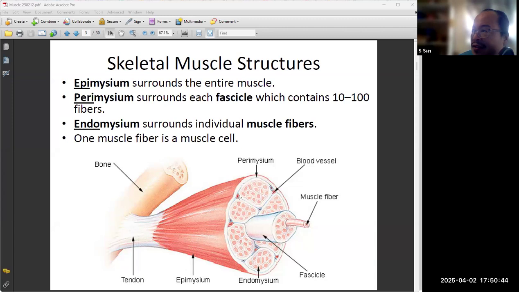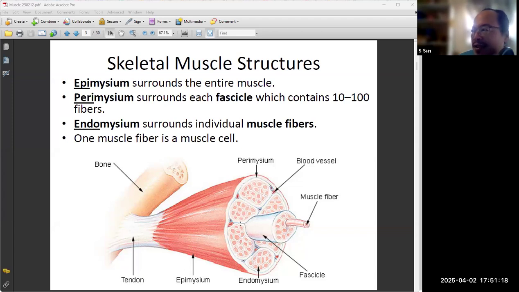Between the fascicles, you have the blood vessels and the nerves going through. That's how we nourish our muscle. Muscle needs energy, and blood vessels will bring the energy. Sometimes when the muscle is pretty big, a large muscle organ, then we will have not just this standard separation or compartment, we have something a little bit more to enforce the structure.